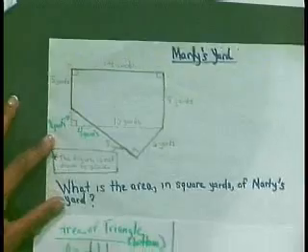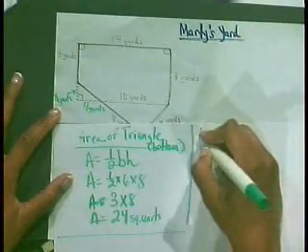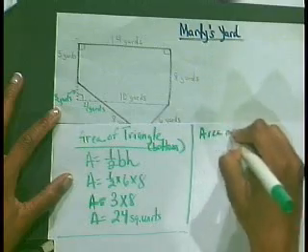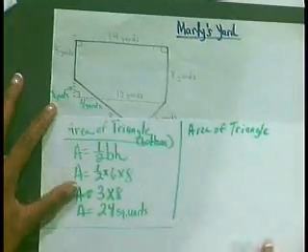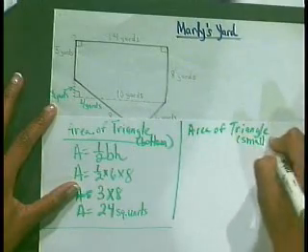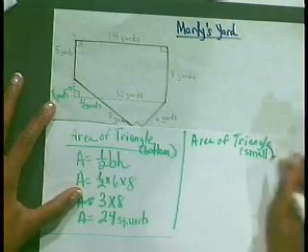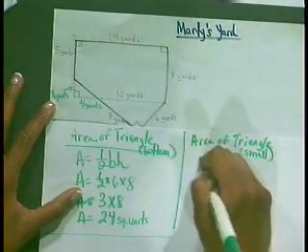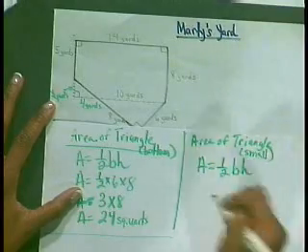Now I can find the area of the smaller triangle. Again, we're going to use the same area formula, but we'll call this one the small bottom triangle, or just small. Area equals 1/2 base times height.